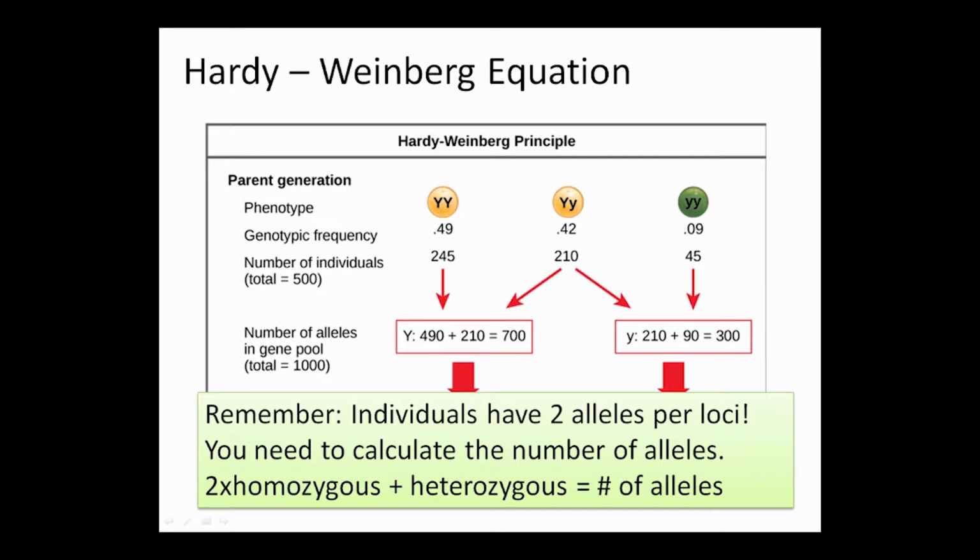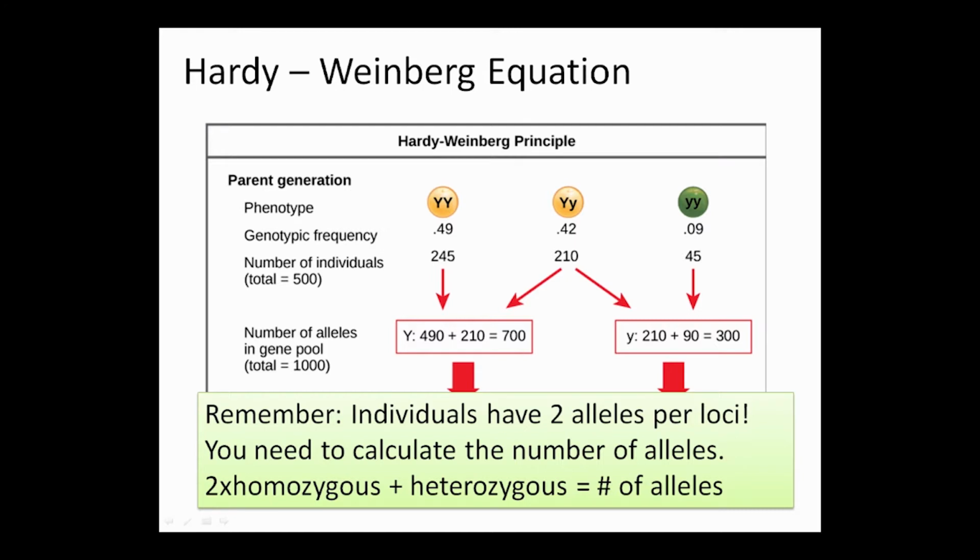I do the same thing for my recessive allele. I have 45 who are homozygous recessive, so I want to multiply that by 2. That gives me 90. I add in my 1 y allele from each heterozygote, 210. So 210 plus 90 gives me 300.